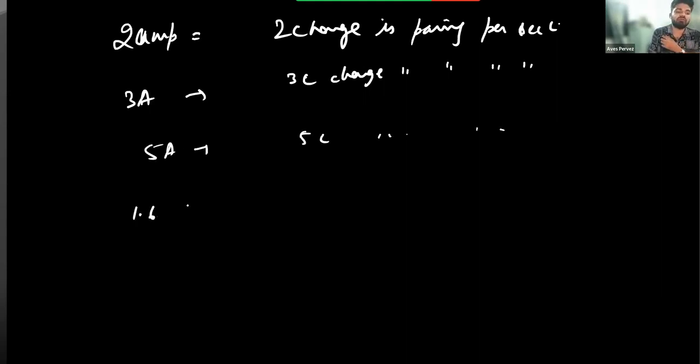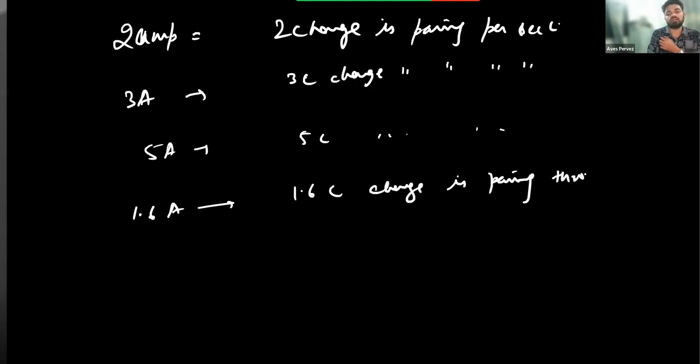So if I say 1.6 ampere current is flowing through a conductor, it means 1.6 coulomb charge is passing through the conductor per second. Okay, understood?